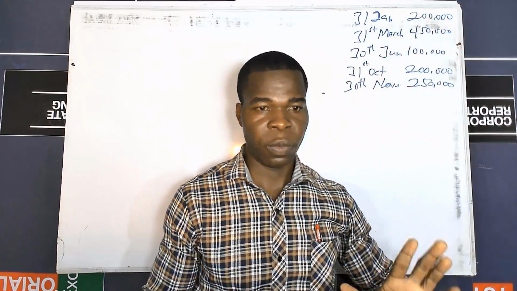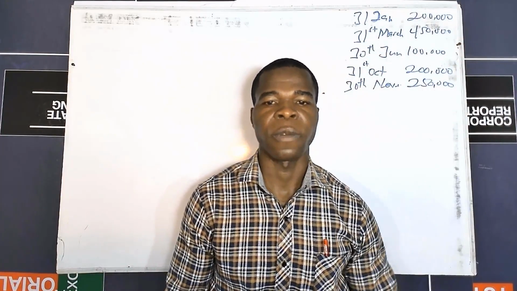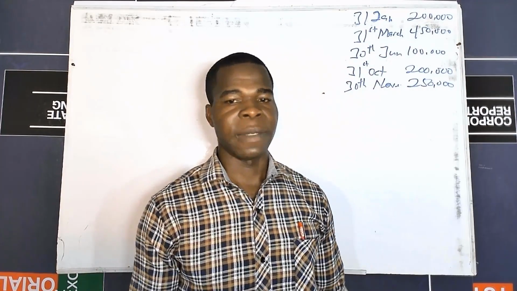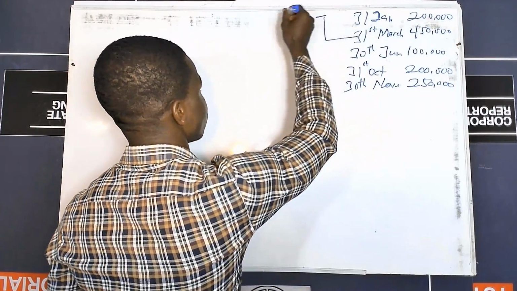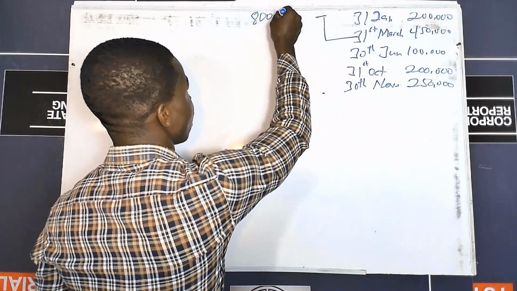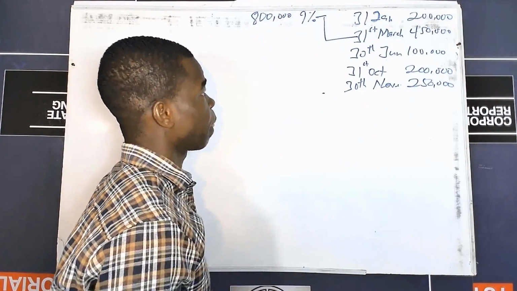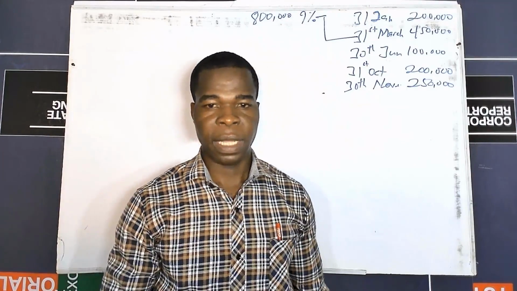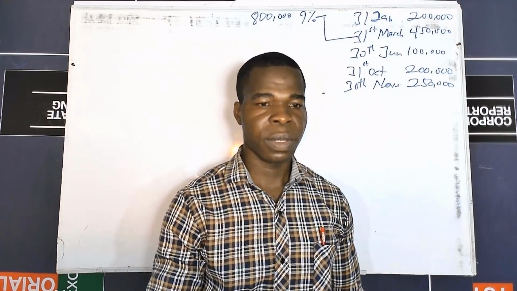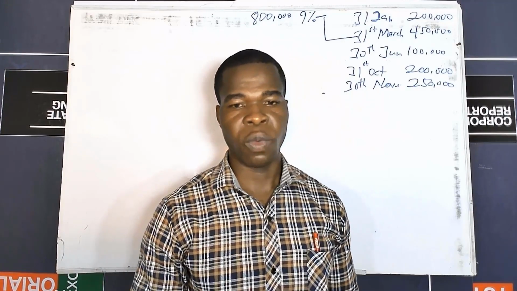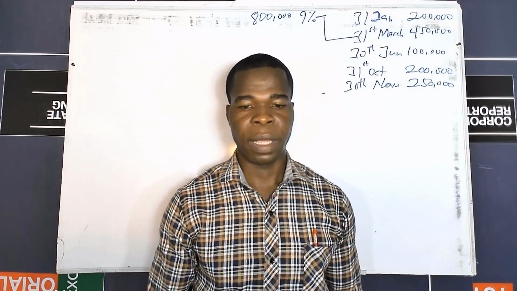It's not a specific loan. However, the enterprise succeeded in raising a medium-term loan of 800,000 on 31st of March, which carries an interest rate of 9%. If you look at the question, they said the enterprise succeeded in raising a medium-term loan of 800,000 with a simple interest of 9% per annum, calculated and payable in arrears.